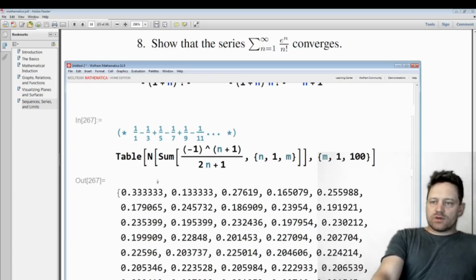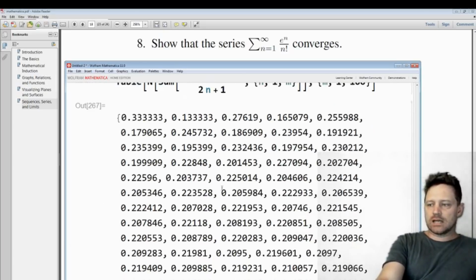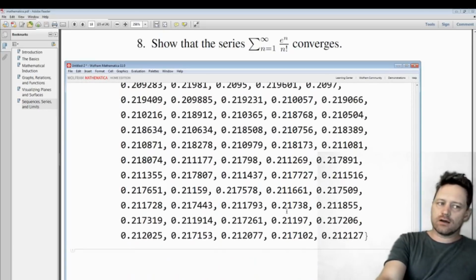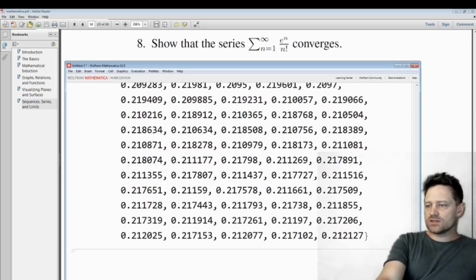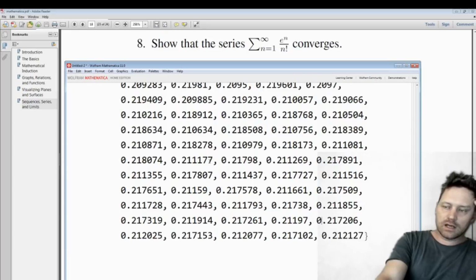We start with a third, then 0.13, and so on. Let's have a look. These look like they might converge as you scroll down to 0.2121. No, actually, they're not converging rapidly. It looks like it might be converging, but perhaps not quickly, because this is only 100 terms out of infinitely many.